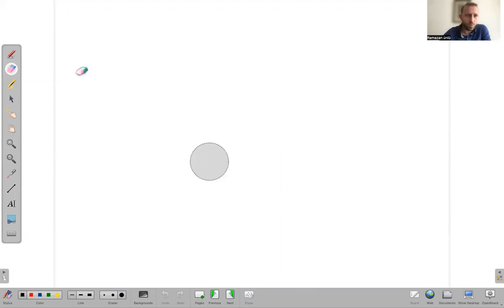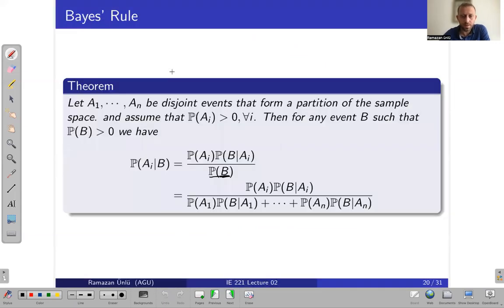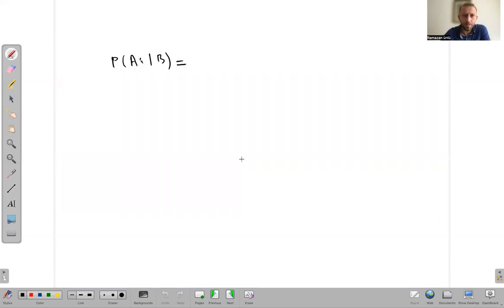The first thing is what we are calculating: the probability of AI given B. And we said that we can calculate this with this formulation: probability of AI times probability of B given AI, divided by probability of B. So let's write it.